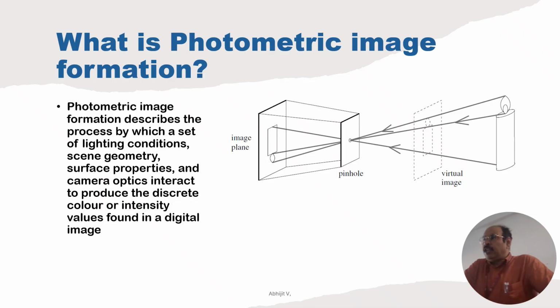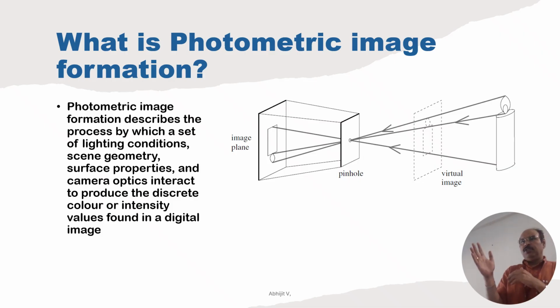We have seen the geometrical perspectives in the previous session. The surface properties, camera optics, and how all these things will interact to produce a clearly viewable image. Okay, so this is the foundation for today's lecture.